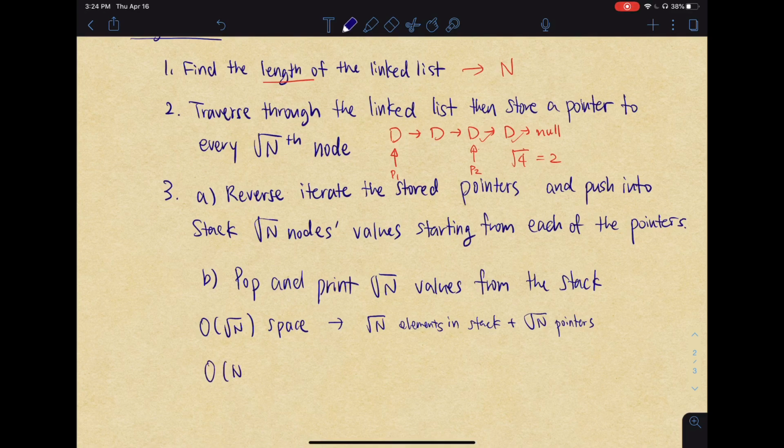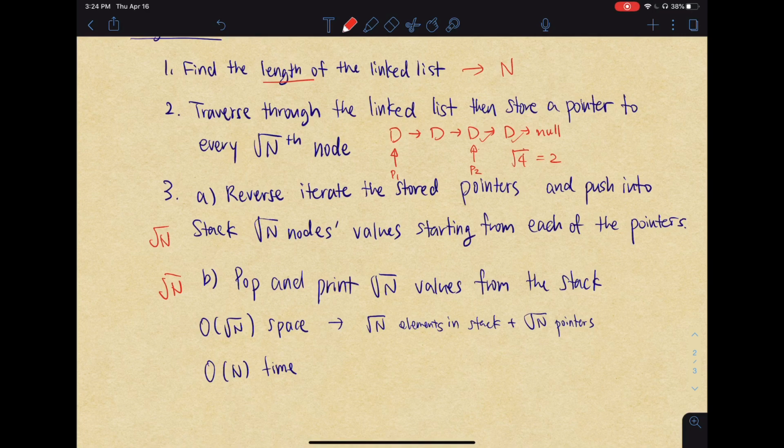Now we have O of n time, and if you're wondering why exactly this is the case, it is because of step 3. So in step 3, we have root n pointers. And for every root n pointer, what we're doing is pushing root n elements into the stack, and then we're popping them, and this is another root n operation.